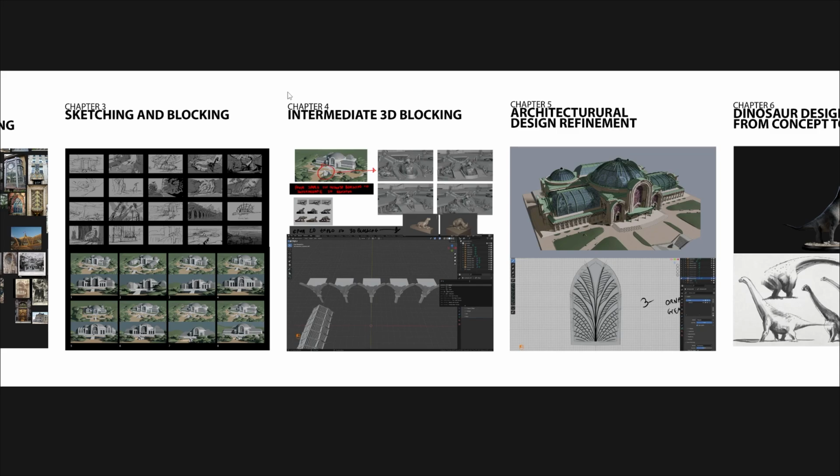Moving on to chapter 4, which I called Intermediate 3D Blocking. I will show you how to push your scene a bit further, but with still room for new ideas, so we won't go too crazy on details either.